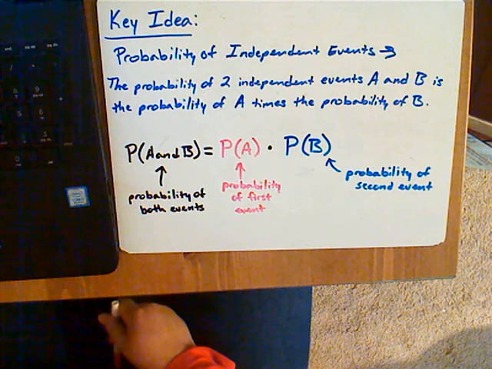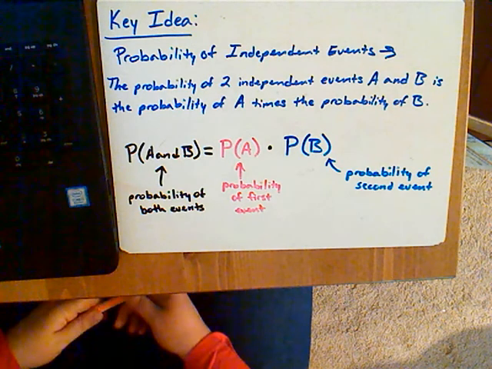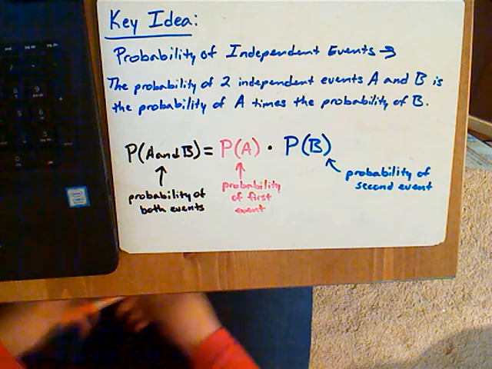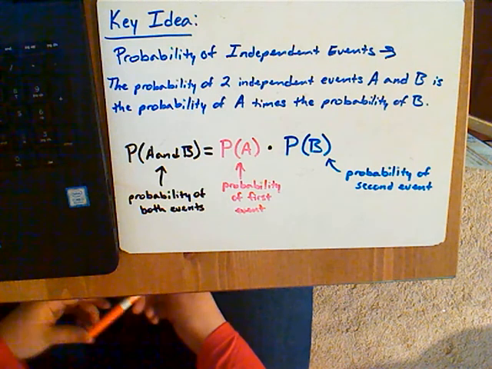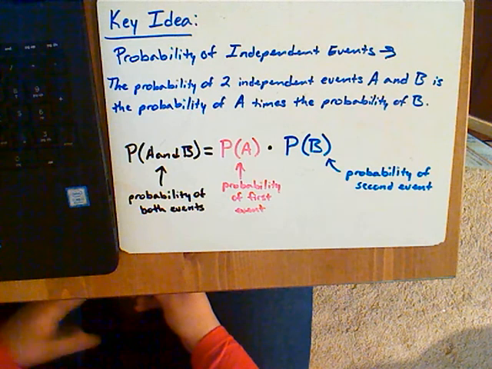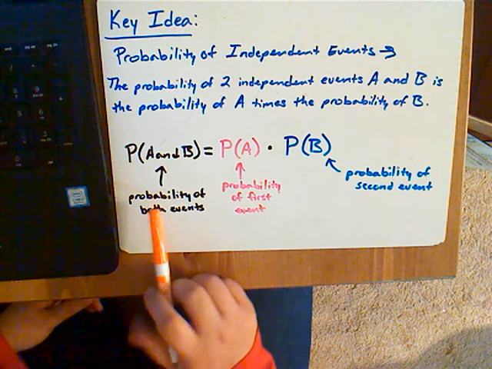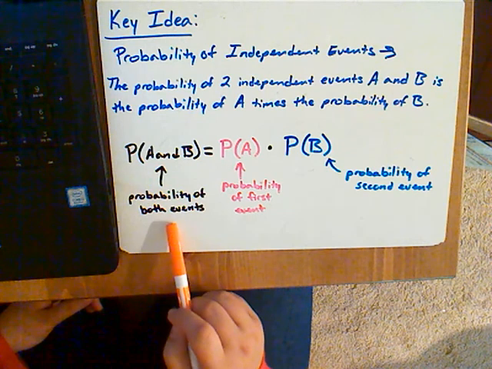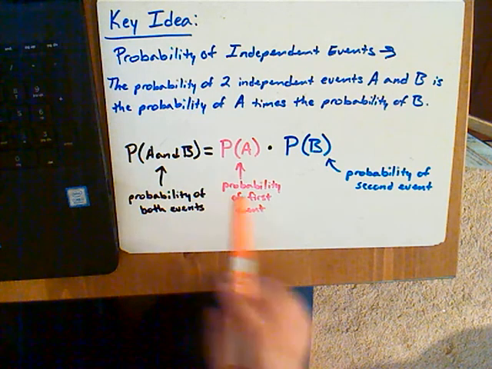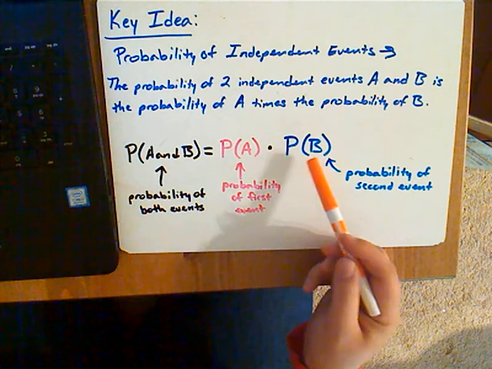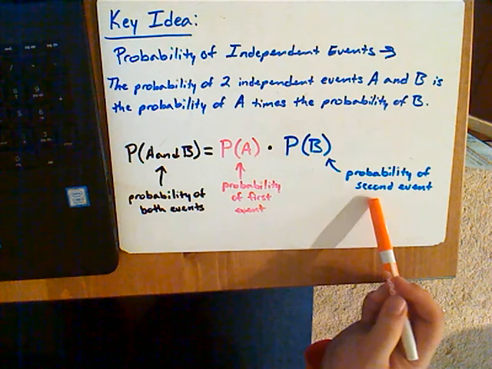The probability of two independent events, A and B, is the probability of A times the probability of B. So the probability of A and B, the probability of both events, is going to equal the probability of A, the first event, times the probability of B, the second event.